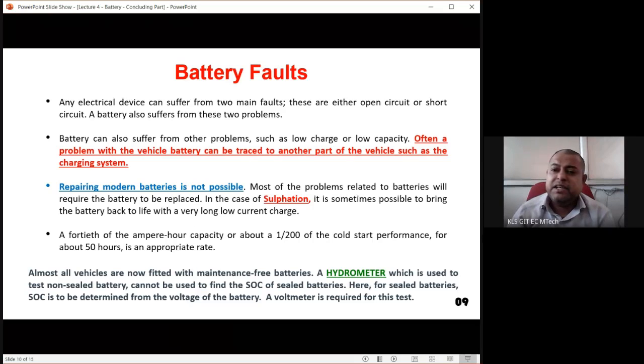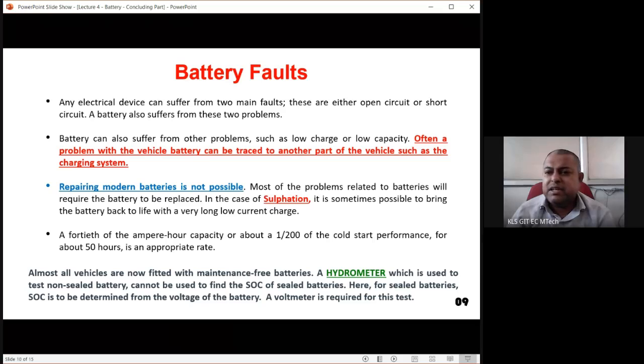Okay, so if sulfation happens inside the battery, very long, maybe 20, 30, 40 hours low current charging will remove sulfation to some extent from the battery. A 40th of ampere hour capacity or a 1/200 of a cold start performance for about 50 hours at an appropriate rate. So it's the same thing.